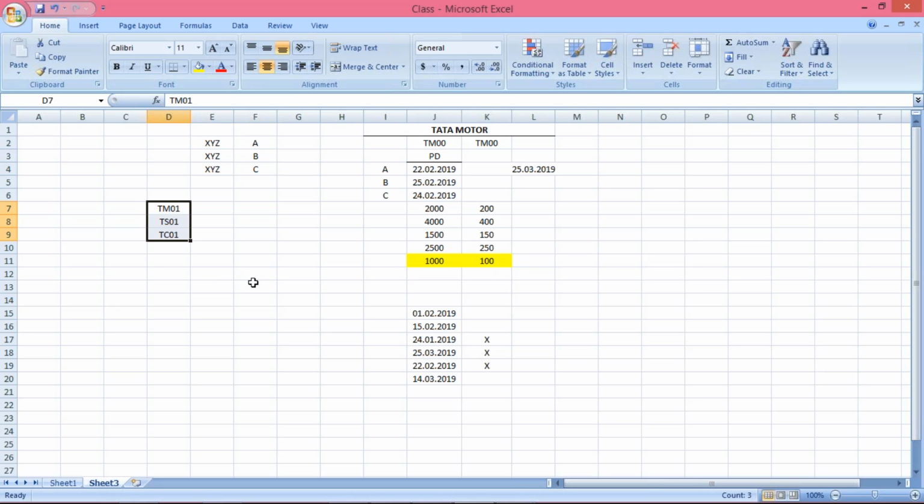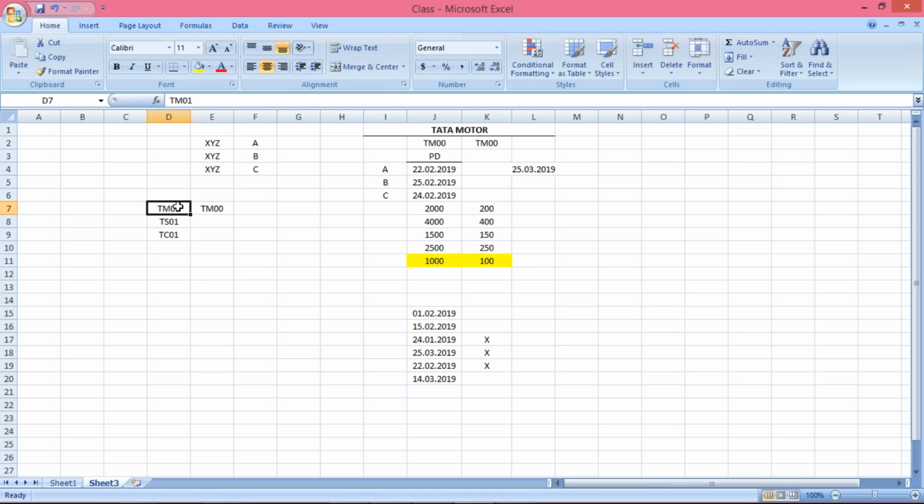Now just listen here. What is happening? I have created one posting period variant, that is TM00, and we have assigned it to Tata Motor.